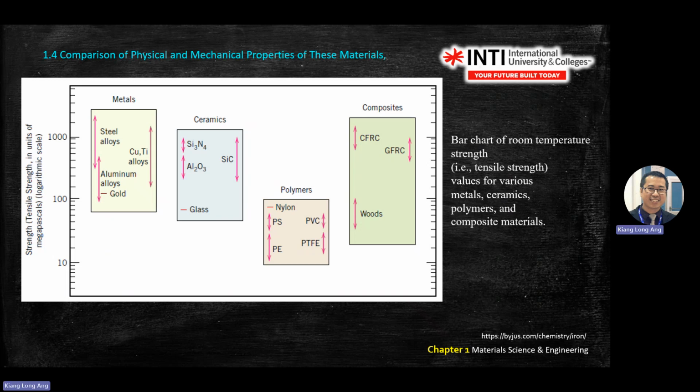Can be pressure, can be force, but the arrow pulling outside means tensile. Then inside one is compression. Then if there's a twist, it means torsion, and so on. As you read.